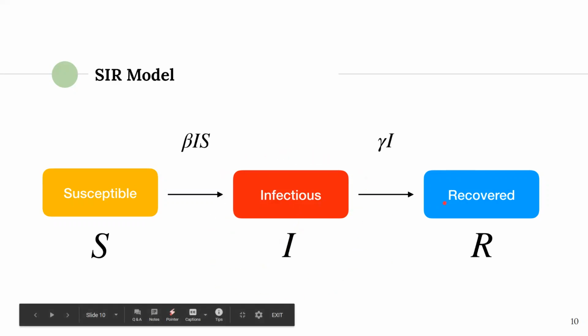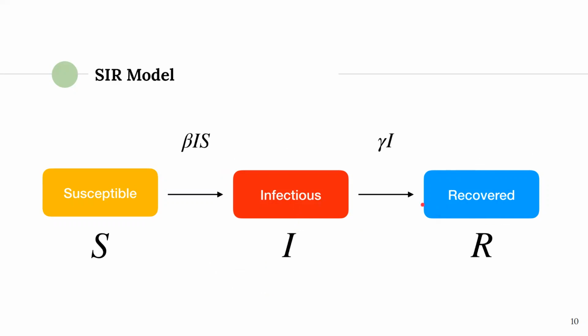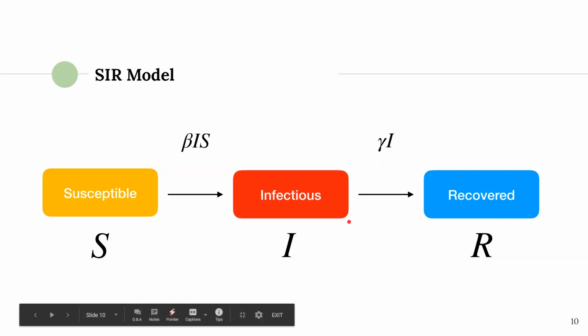And then you have the recovered population, and these are the people who have already gotten the virus and they've healed. A little tragic thing also is that recovered can also include people, like really elderly people, who died from the virus, because they're just removed from the population that is able to get infected, whether they're alive and immune or dead.